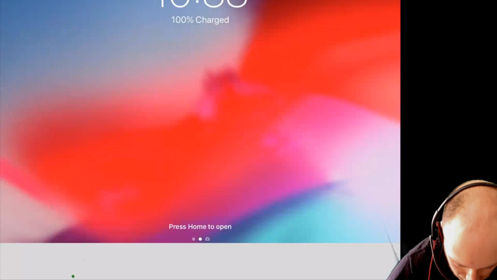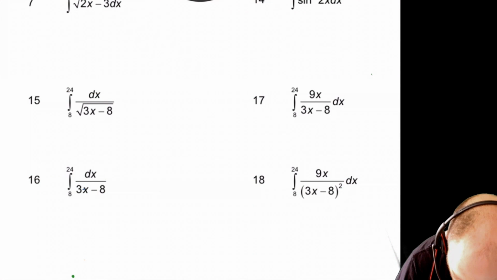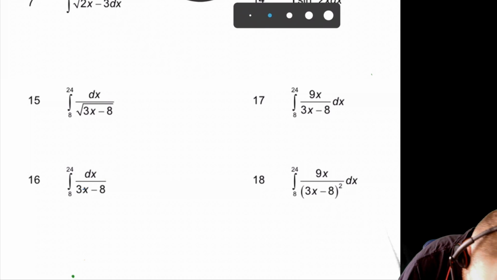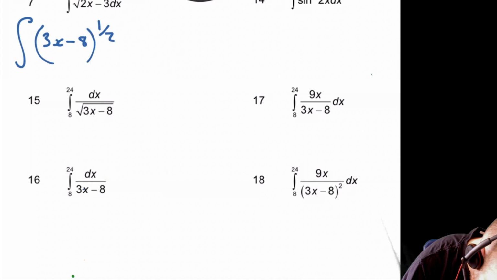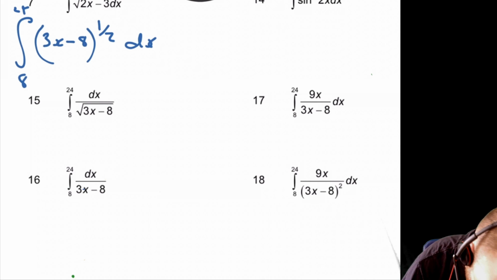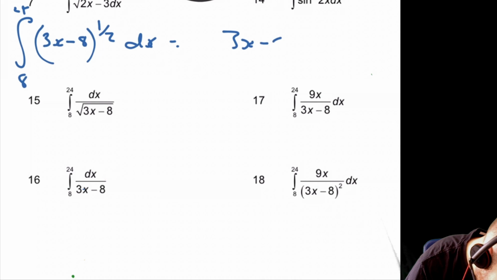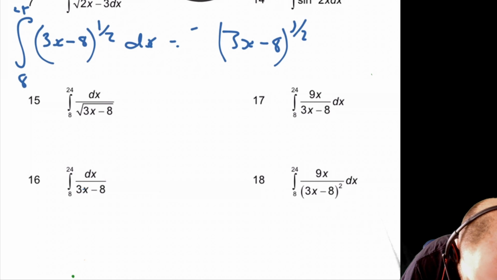Right, let's go through these. So, first one, we're going to change it to the integral of (3x take 8) to the half dx. Power's going to go up. We get (3x take 8) to the 3 over 2, divided by 3 over 2, so we're going to have 2/3.